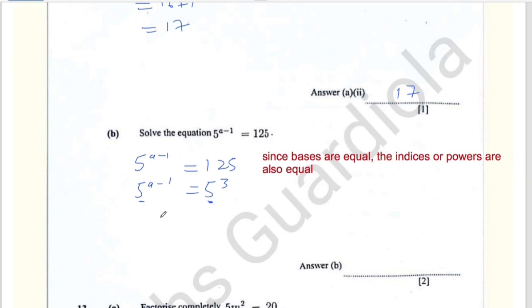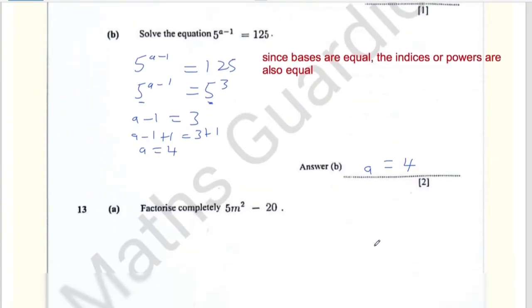So in this case, a minus 1 should be equal to 3. Then we rearrange, we add 1 to both sides. A minus 1 plus 1 equals 3 plus 1, giving us a is equal to 4. So solving the equation, a is equal to 4.